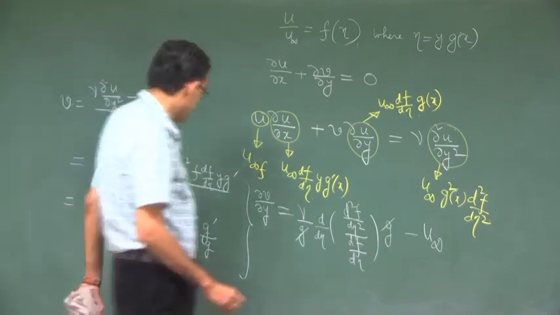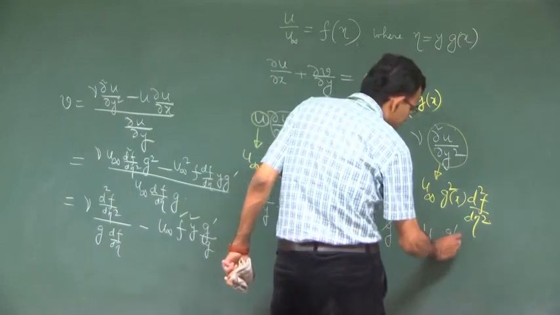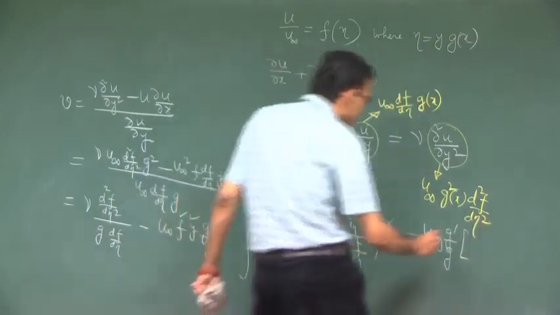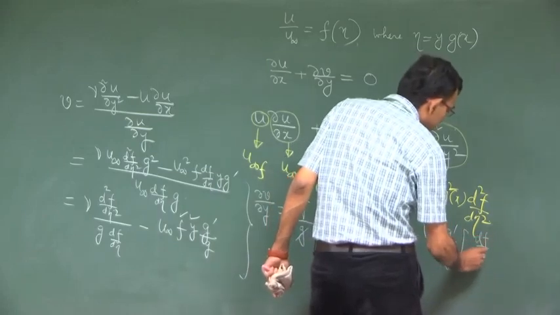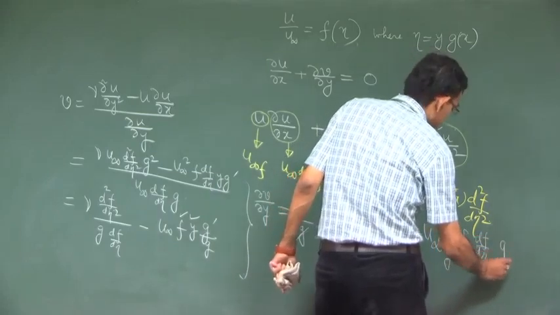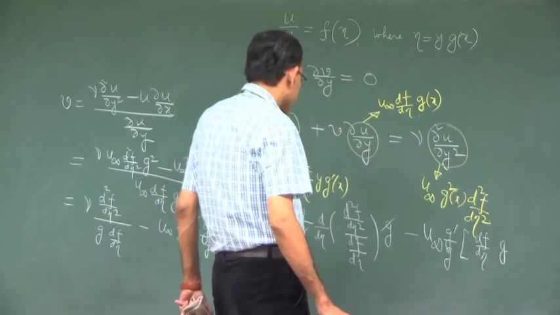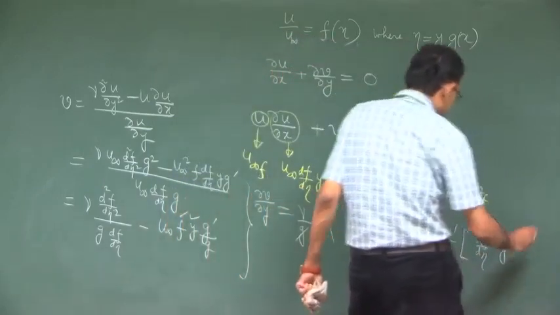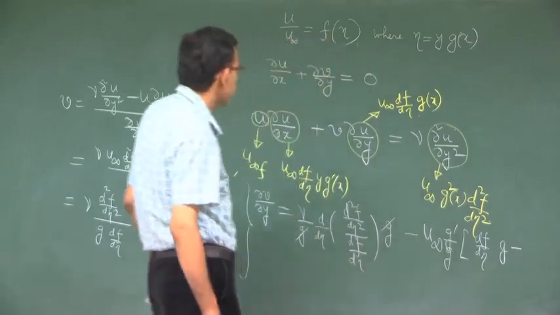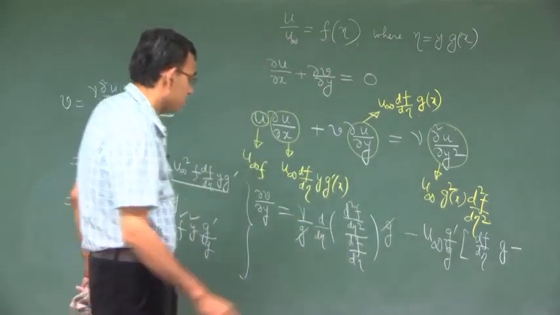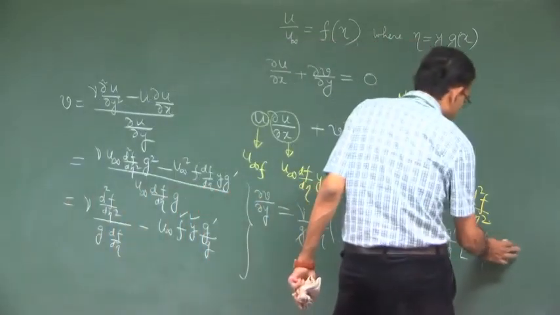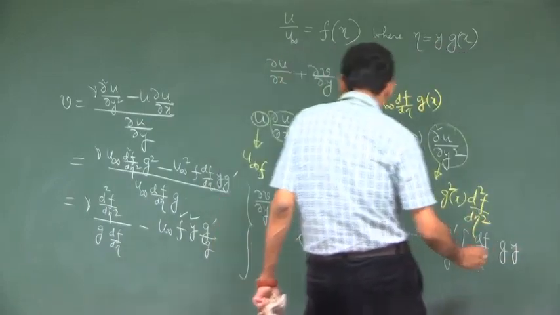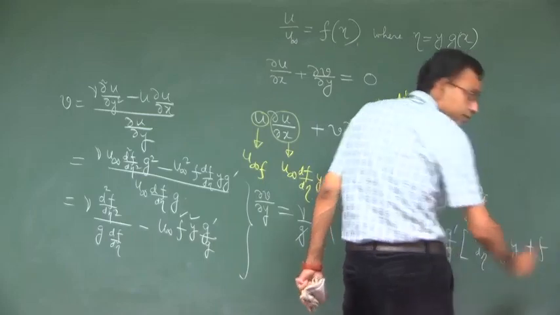So, u infinity g dash by g, let us write, then df d eta into g, minus, into y, plus f, right.